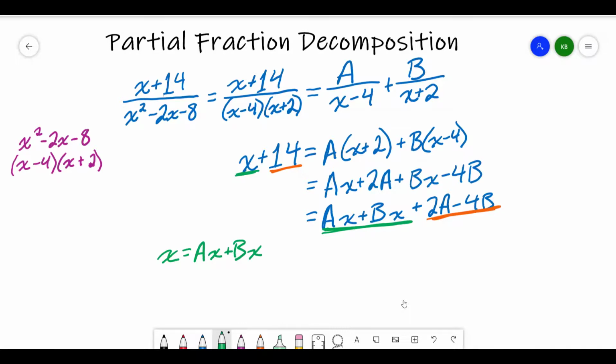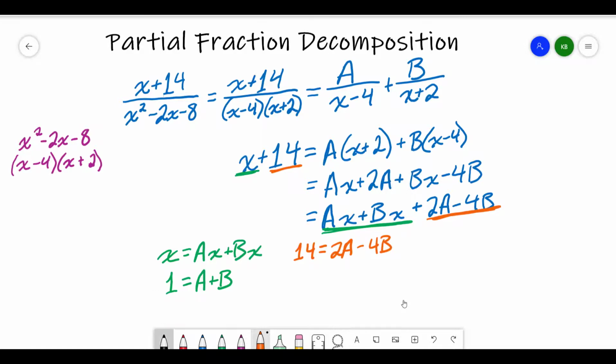And since every term here has an x in it, I can actually divide by x and all of the x's go away, leaving me with 1 equals a plus b. And then in my constant terms, I'll have 14 equals 2a minus 4b.